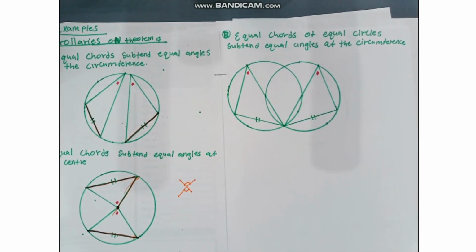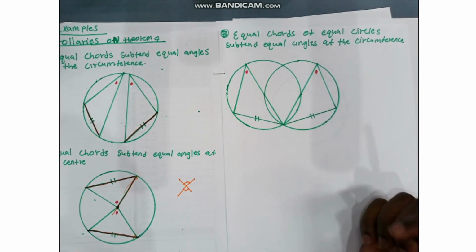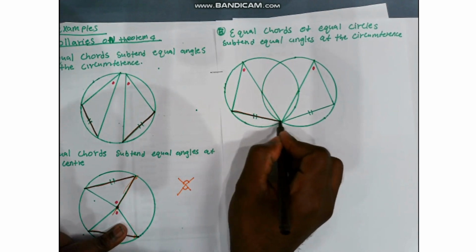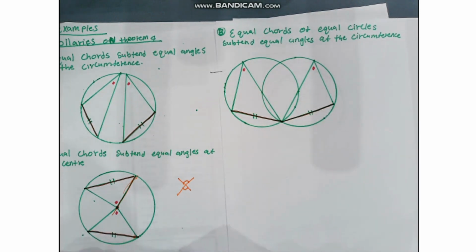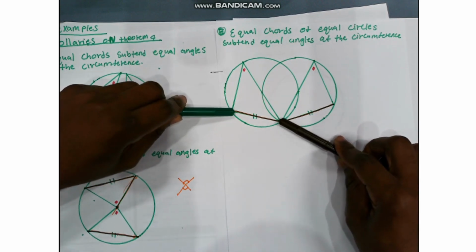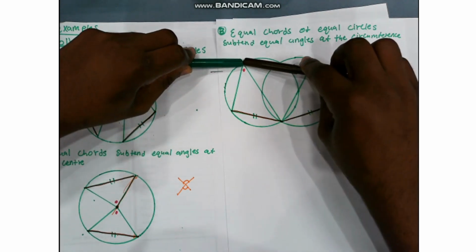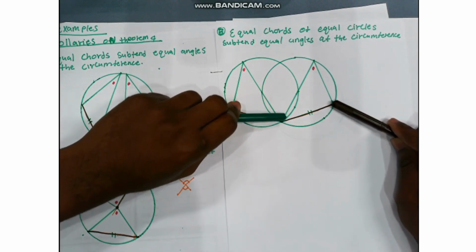What is the other one? The third one says equal chords of equal circles, two circles, subtend equal angles at the circumference. Again, this is equal, and also this one is equal. The same process: you place your finger here, go top, and also from this side, place your fingers here and go top.